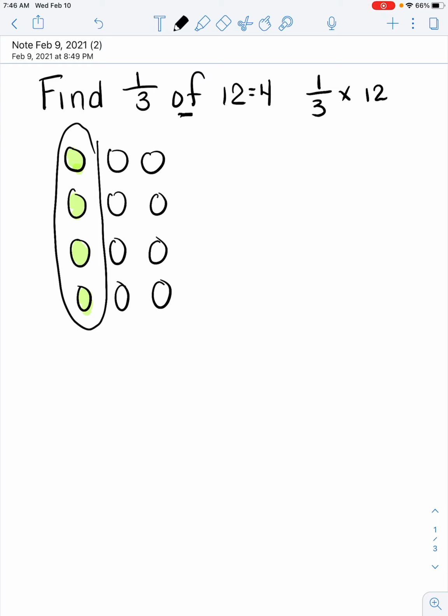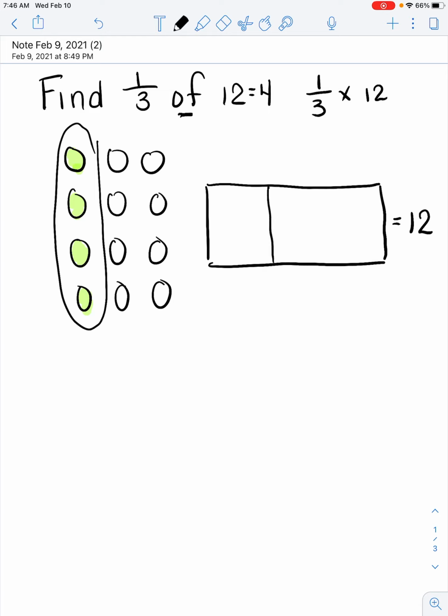No. So this way, I'm going to make my whole 12, and I want 1/3 of it, which means I want to divide it into 3 equal pieces. And I'm only focused on 1/3 of the whole thing.